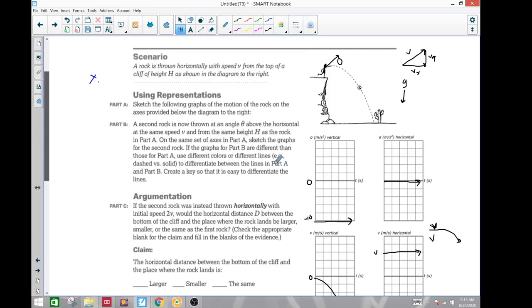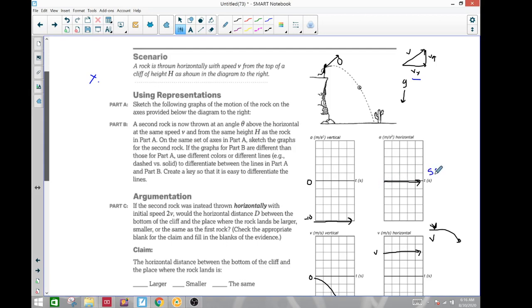Okay, so horizontally, I mentioned that this component on a triangle is always smaller than the hypotenuse. Acceleration-wise, still no acceleration.